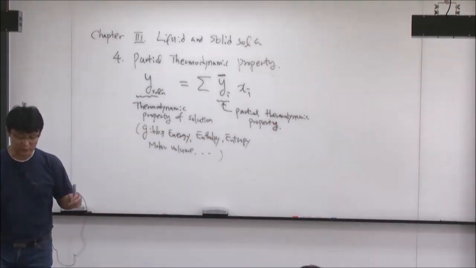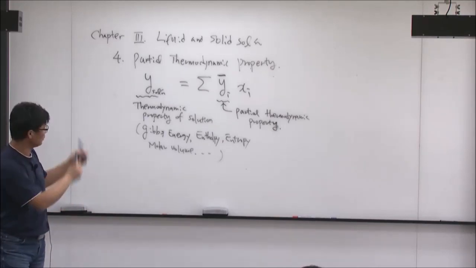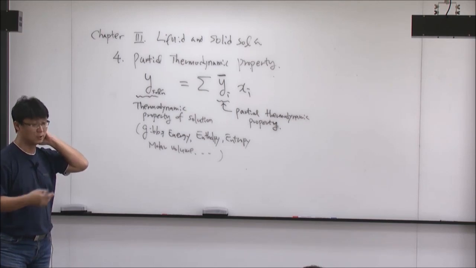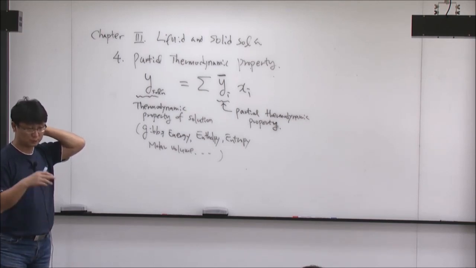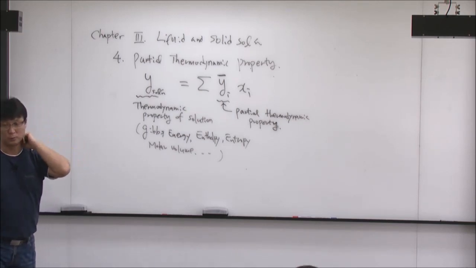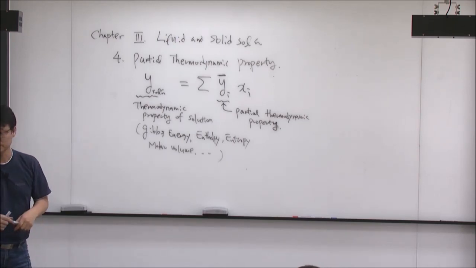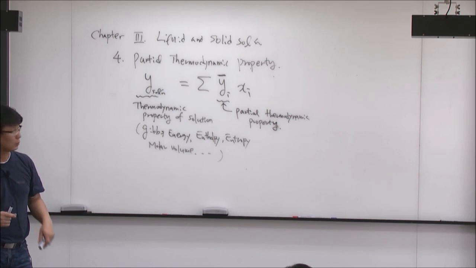Okay? So it's nothing special. We have used this concept all the time. As I mentioned, one example is the Gibbs energy of solution equal to the partial Gibbs energy of A, mole fraction of A, partial Gibbs energy of B, mole fraction of B. That GA, GB is the partial Gibbs energy. Okay, partial thermodynamic property. Okay?